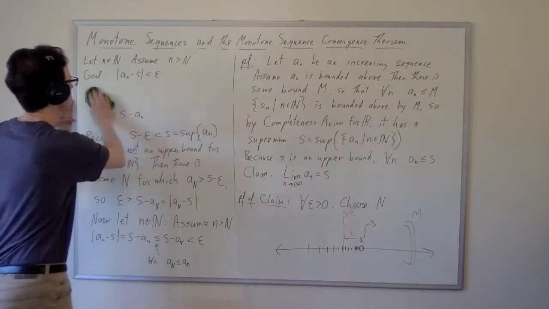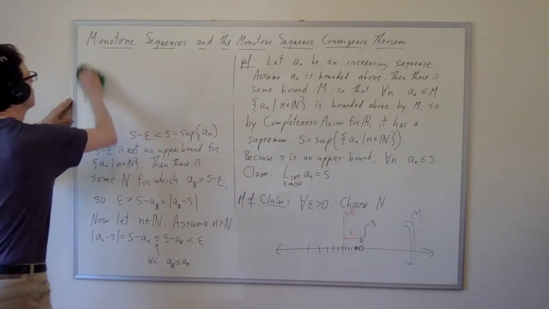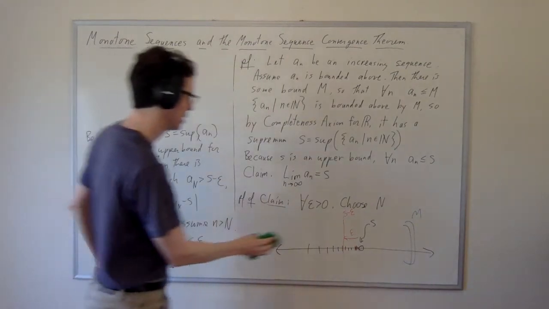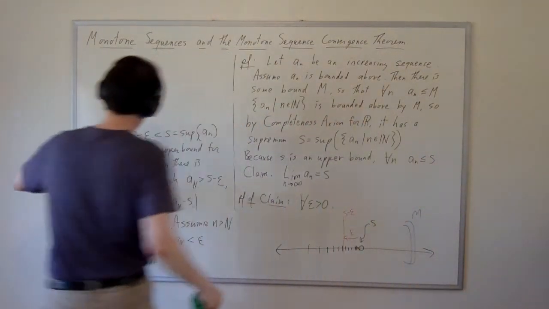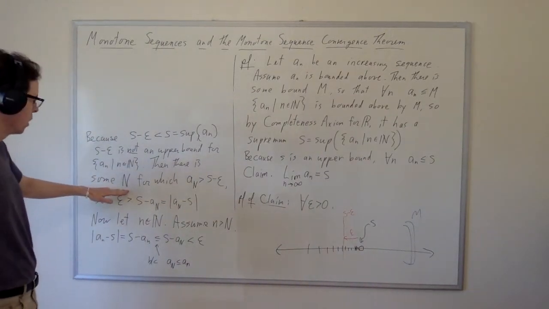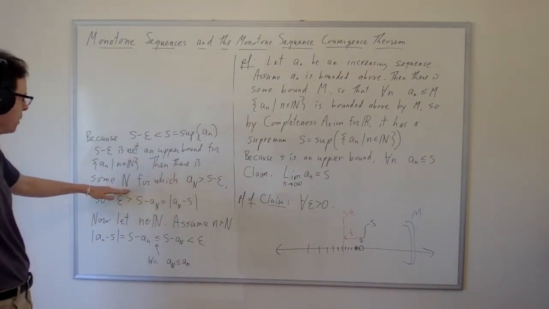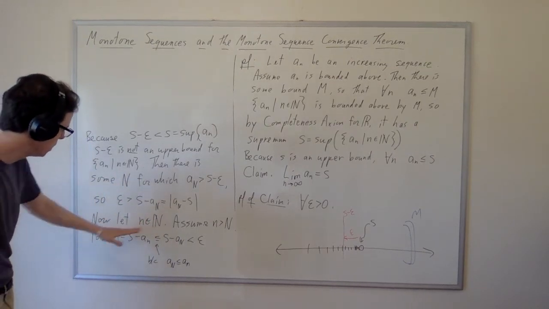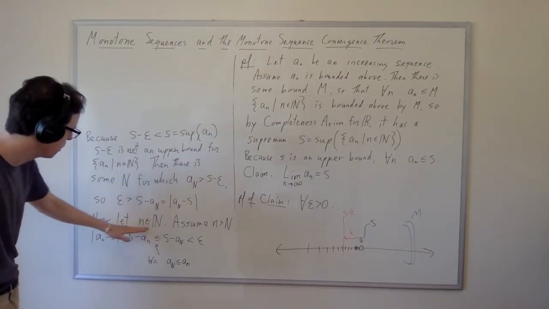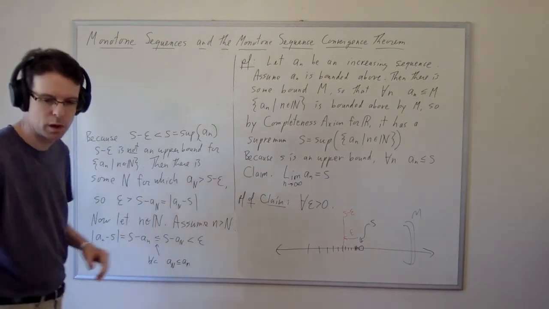All I have to do is erase this, and this. Because the choice of cap N actually occurred here. This shows the existence of some cap N, and this is the correct situation where we should introduce the little n and assume that it's greater than cap N.